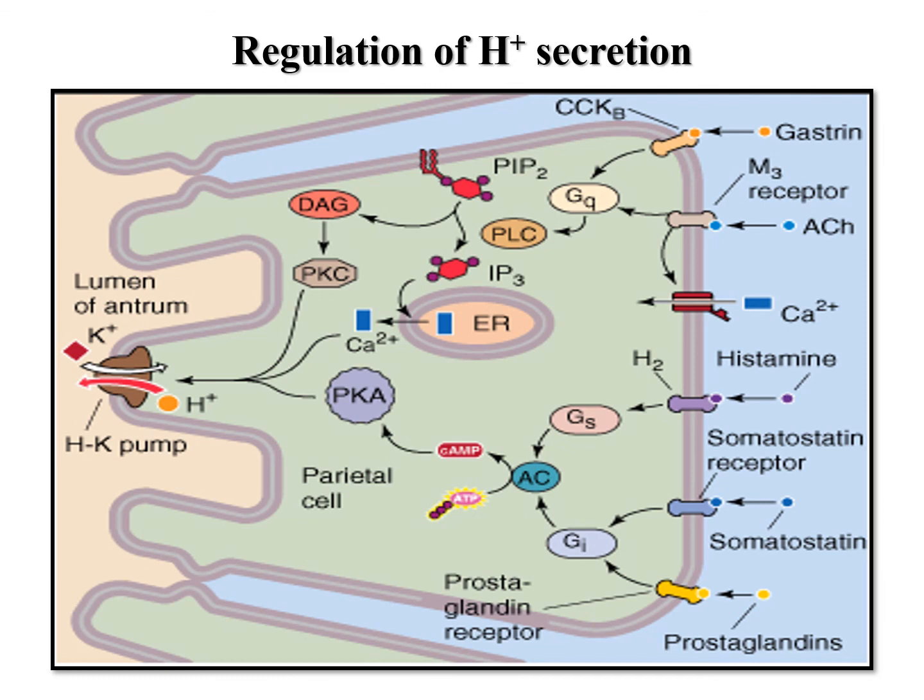So they are very strong, because from the diagram you can easily make out the final path of acid production is the H plus K plus ATPase. So if you can inhibit that, acid production will go down. That is why these drugs are also known as proton pump inhibitors or PPI.